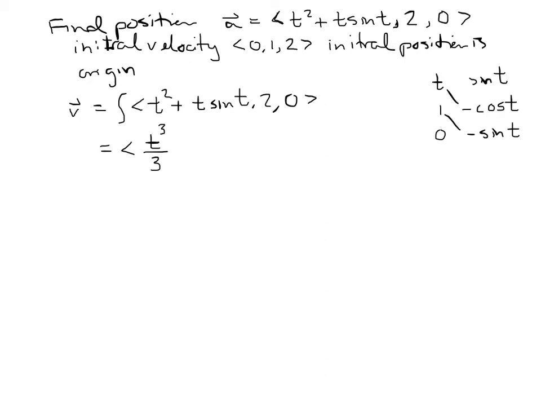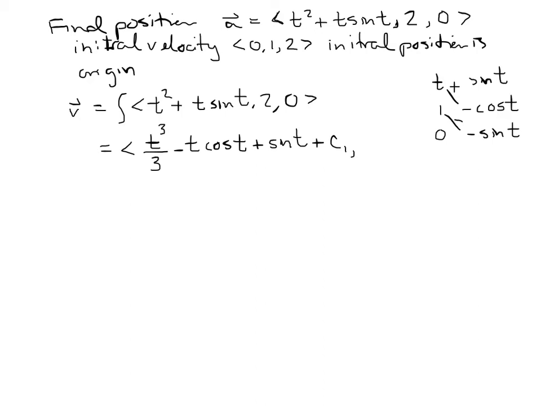Multiplied diagonally, the first term is multiplied by a positive, the second one by a negative. So for that next integral, we get negative t cosine of t, the negative coming from in front of the cosine. A negative times a negative is a plus, sine of t. And we need to add a constant. So I'm going to call that C1.